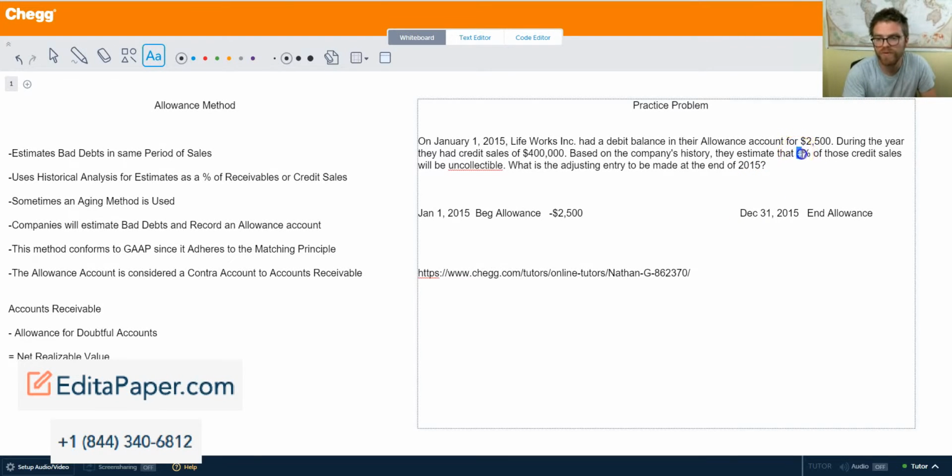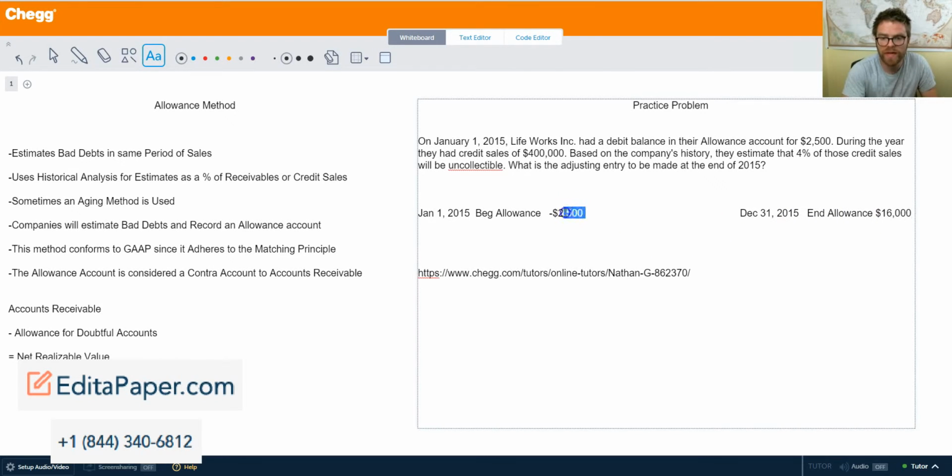They said that it's 4% of their sales they expect not to receive. So 4% times 400,000. Let's go ahead and get that. Okay, so they expect about $16,000 they won't collect.